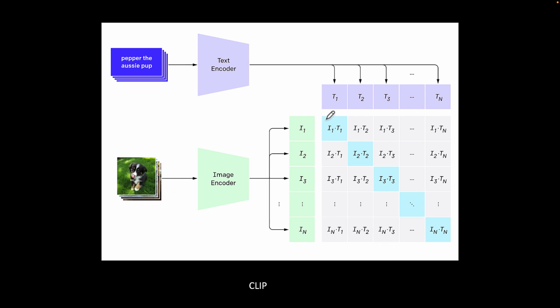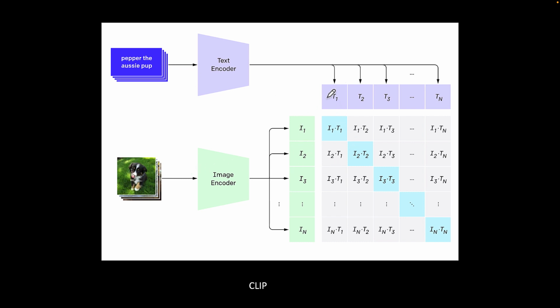Okay, the Cartesian dot product. As you can see, T1 here represents the text for this caption, the Aussie pup, and I1 represents the image of this particular dog.